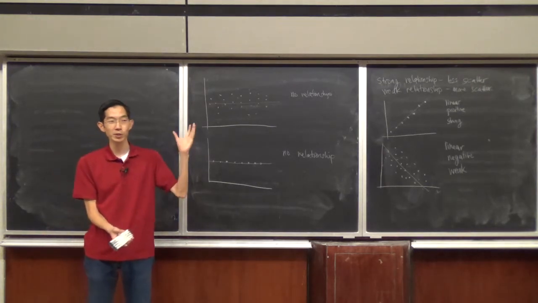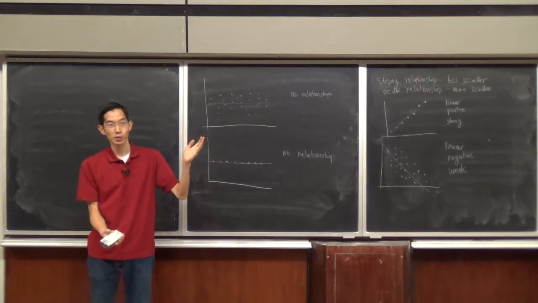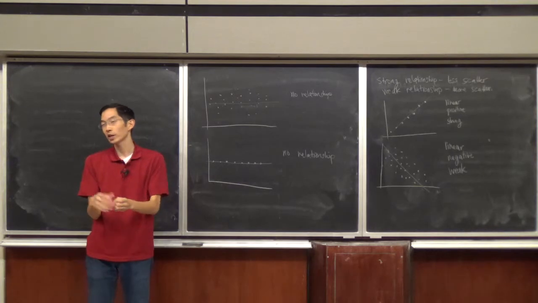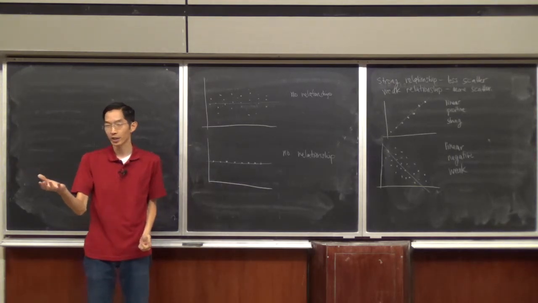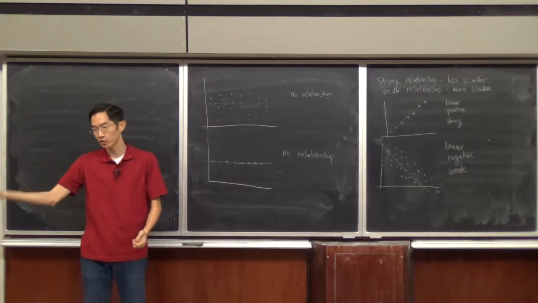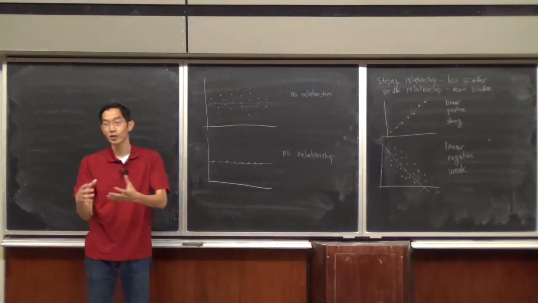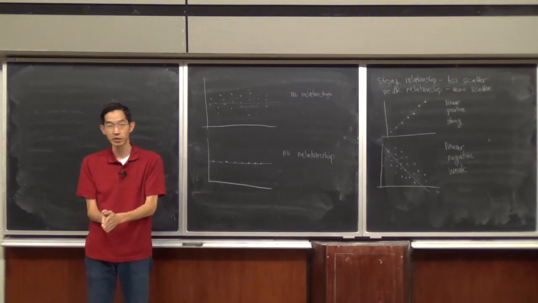The point of those summary statistics was that rather than saying there's lots of spread or little spread, we could actually assign a number. A large value would indicate lots of spread, and a small number would indicate small spread. That was the reason why we have these summary statistics.